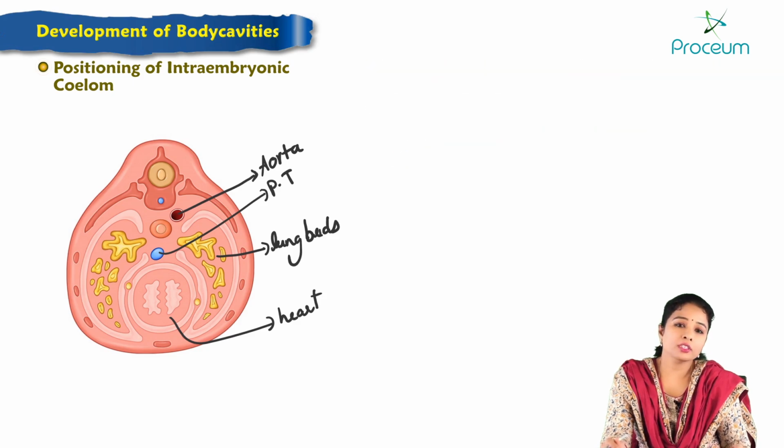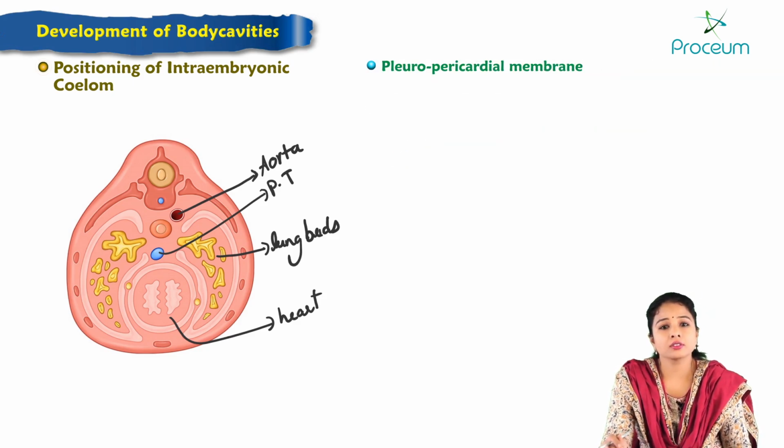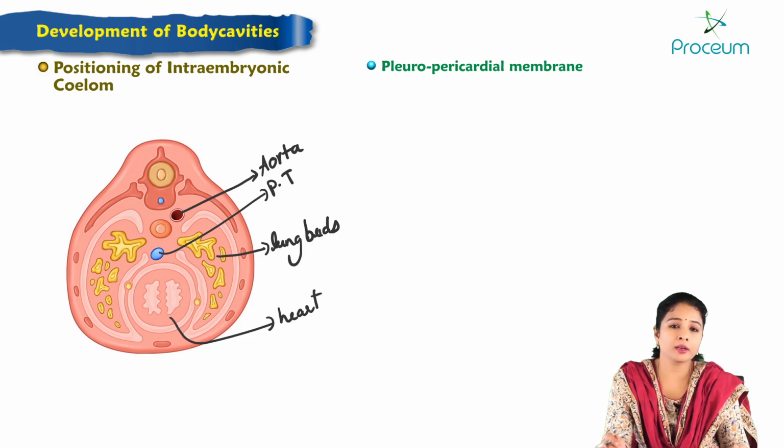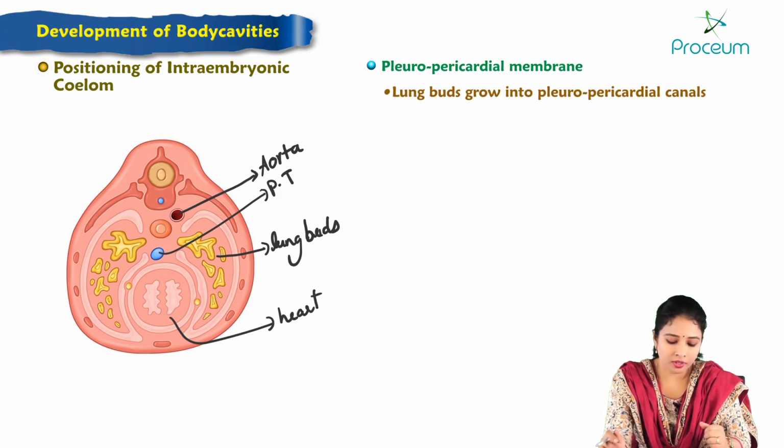So let's talk about the pleuropericardial membrane. To understand that, first we should look at these developing lung buds. The lung buds here we can see grow enormously into the pleuropericardial canals, which are the future pleural cavities.